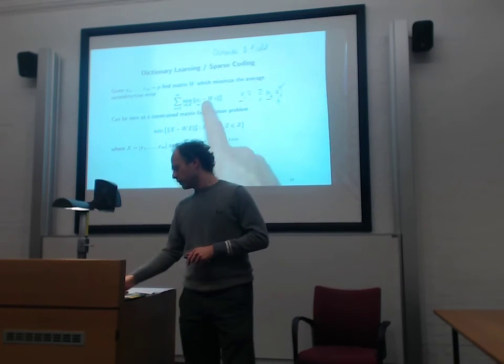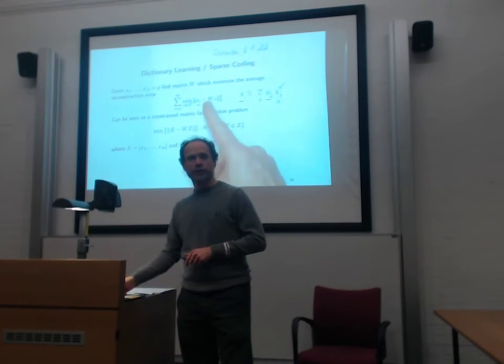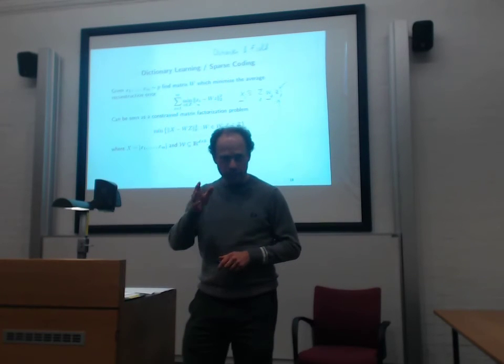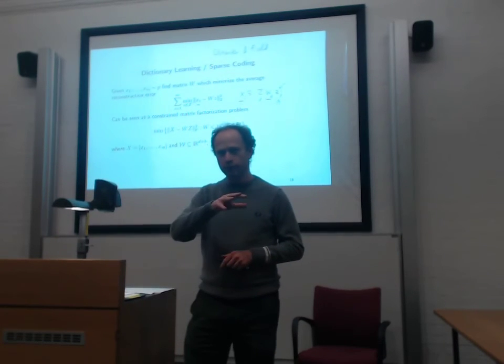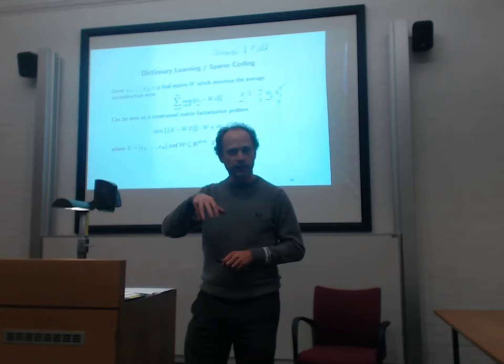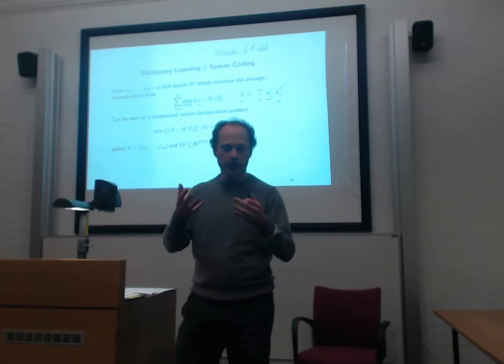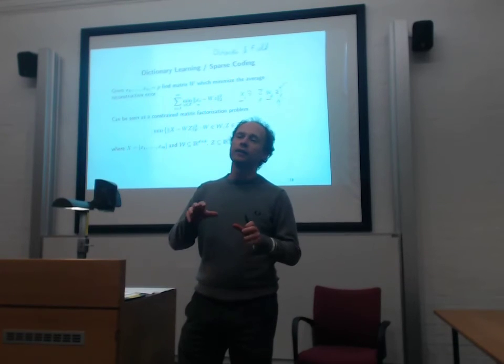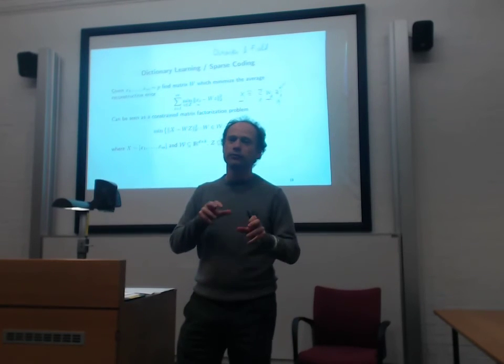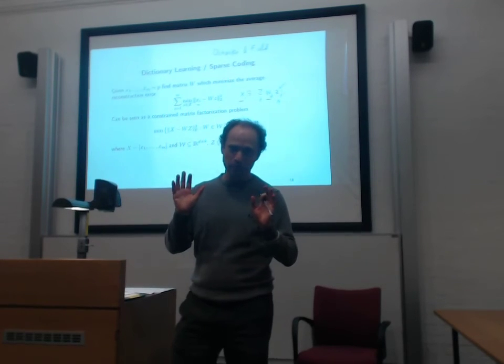Now, if you look instead at the columns of this matrix W, not to be confused with the multitask stuff, these are the basis vectors which allow for sparse representation. They look more localized, and more like the receptive fields in the brain. That's what they were saying in the paper.